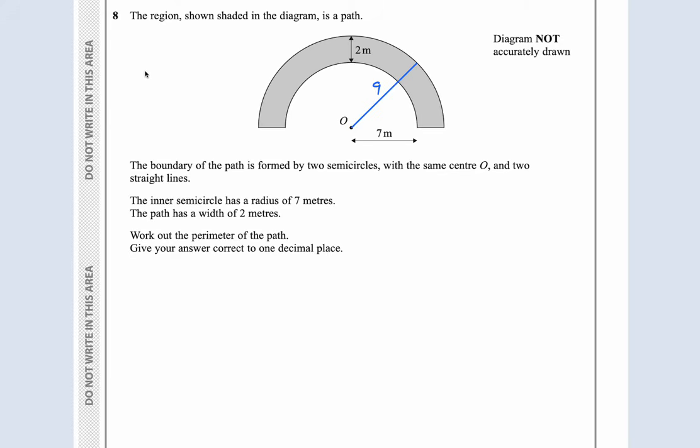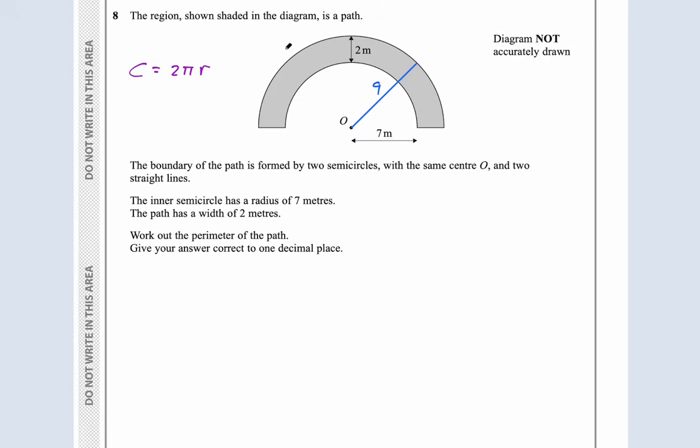The formula for the circumference of a circle is equal to 2 pi r, where r is the radius. Now, if you want to be elegant, half of the circumference is then just pi r, because I'm just going to half this. I'll do it the longer way just because it's more clear for everybody.